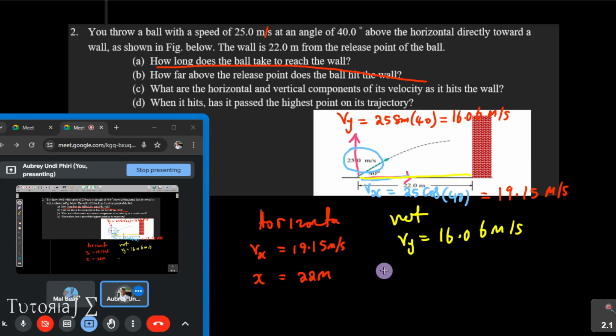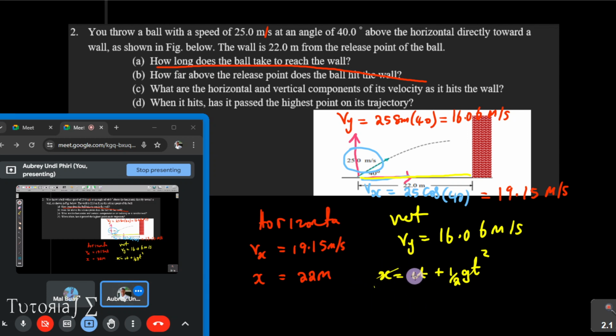What is the formula that we use? x is equal to ut plus half g t squared. We can use this formula.